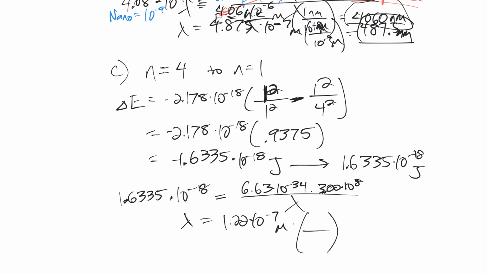Quick conversion factor to make it into nanometers as WebAssign requests. And we get 122 nanometers. Once you did it the first time, it goes quickly for parts B and C.